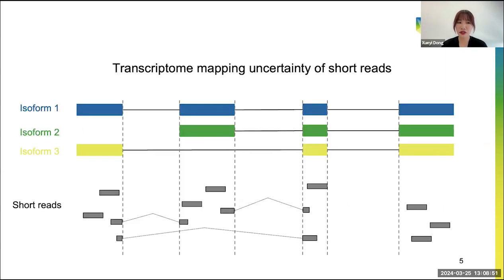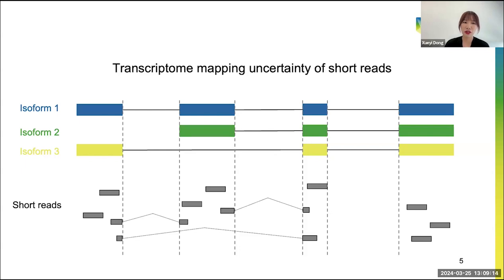If we are using short-read RNA-seq for this kind of analysis, because the reads are relatively short compared to the transcript, they usually contain only limited information about exon connectivity.